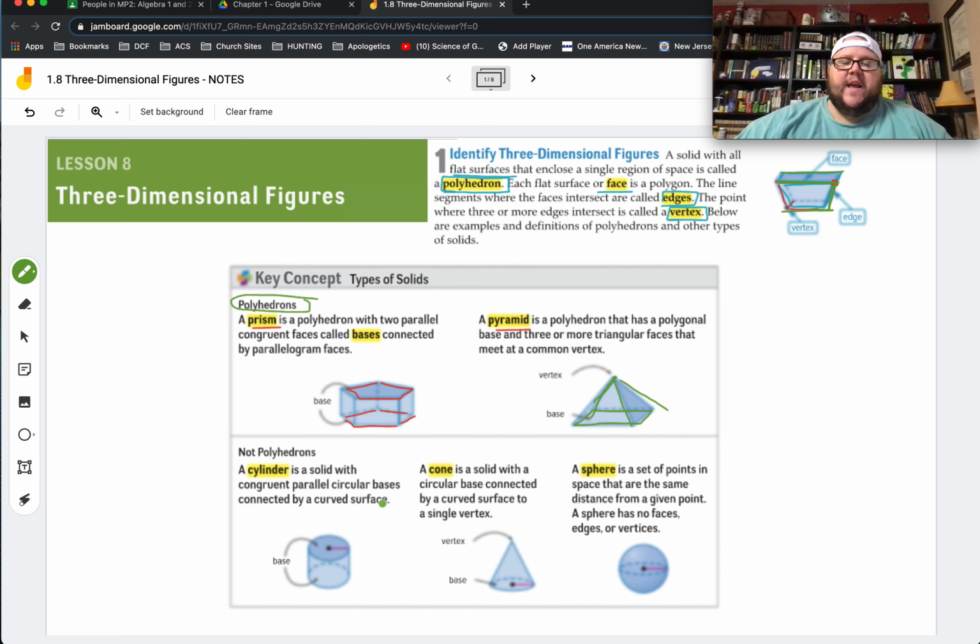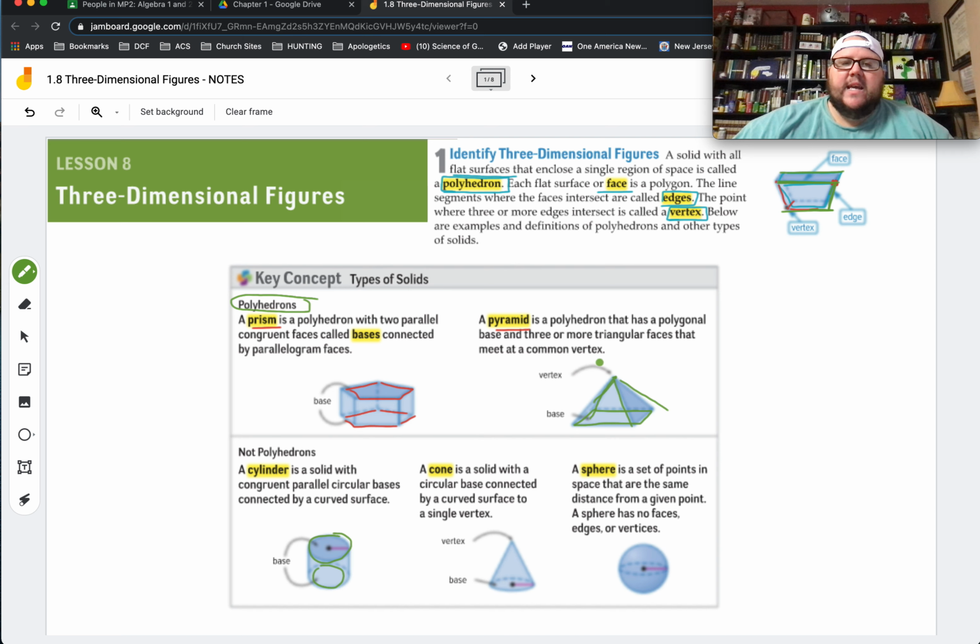So there are things that are not polyhedrons. The best way to know this is circles. One of their shapes is a circle. A cylinder is a solid with congruent parallel circular bases. So the top base and the bottom base are both congruent circles. So that is a cylinder.